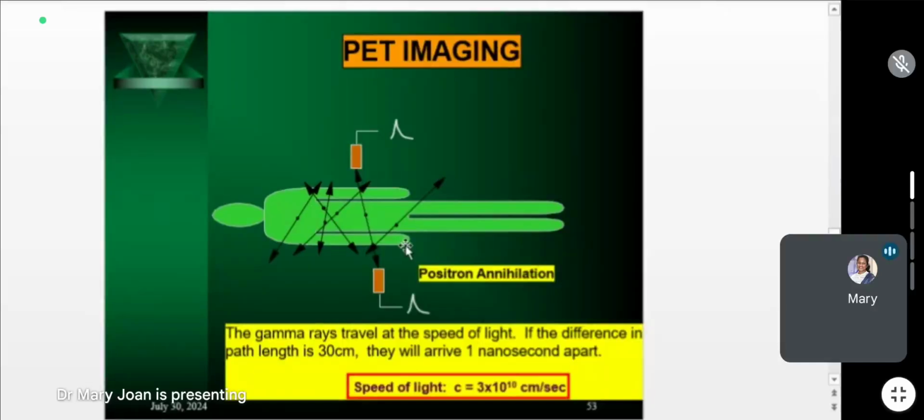The gamma rays travel at the speed of light, and if the difference in path length is 30 centimeters, they will arrive 1 nanosecond apart. The speed of light is 3 into 10 raised to 10 centimeters per second.